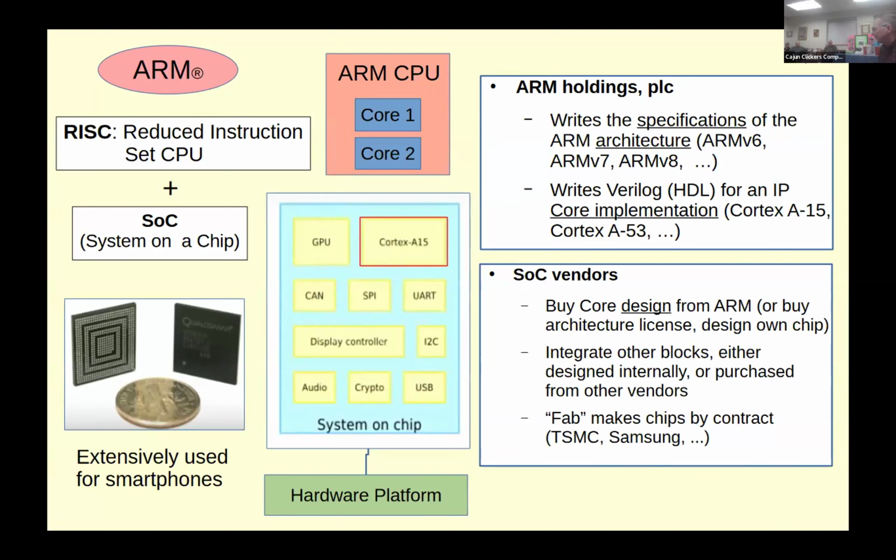AMD now uses GlobalFoundries. But the two big ones, besides the umpteen in China, are Taiwan Semiconductor Manufacturing Company, TSMC, which makes all the Apple chips, and then Samsung, which is going to make the Snapdragon and makes a lot of memory besides the chips.